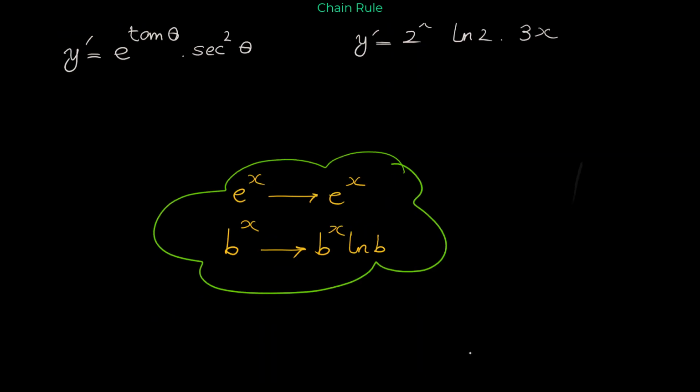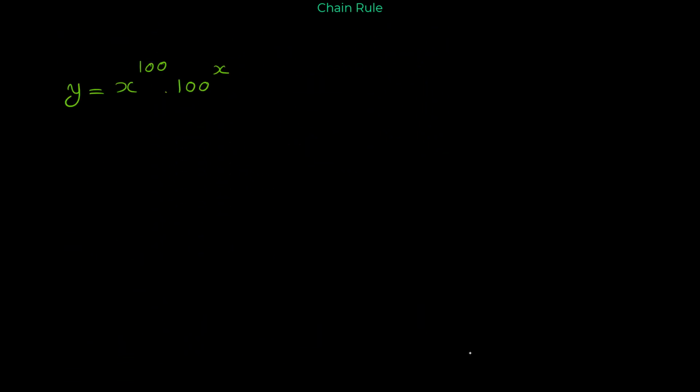Let me show you another example. Here we have this function, x to the power of 100 times 100 to the x. It should be clear that for finding the derivative of this function, we need to use product rule. This function is the product of two functions, x to the 100 times 100 to the x.